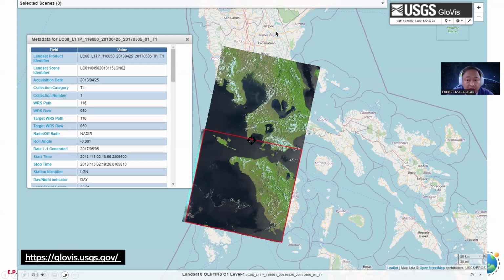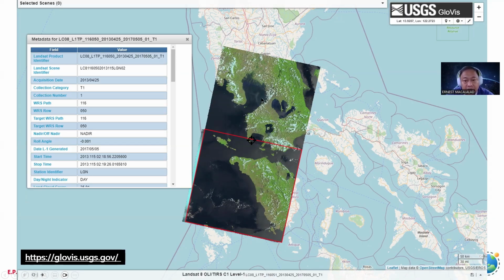So this is its path. You're already familiar with the row and the column. So it has an identified WRS path and row. This highlighted area by the red border is the image of Mindoro Island.